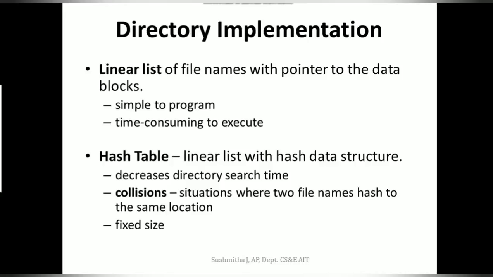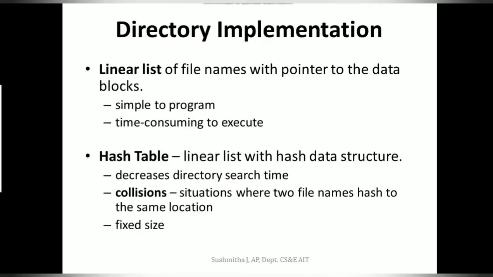Now once the deletion is done, how do we reuse that directory entry? We could do it in 3 ways. One is to mark the entry as unused. The second method is to attach the entry to the list of free directory entries.